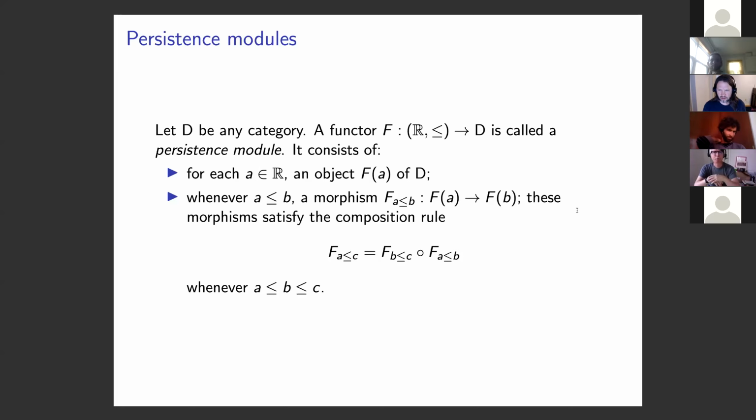What you have is a functor from the poset of real numbers into your category of interest. For each number you have an object, and whenever a is less than or equal to b, you have a map between the corresponding objects that is coherent with the poset structure of the real numbers.